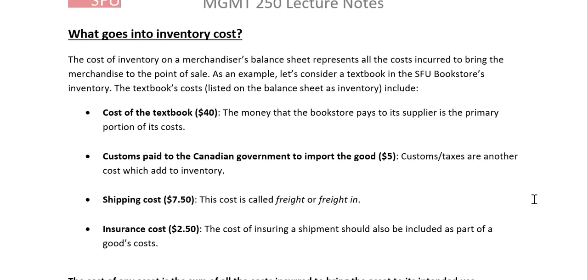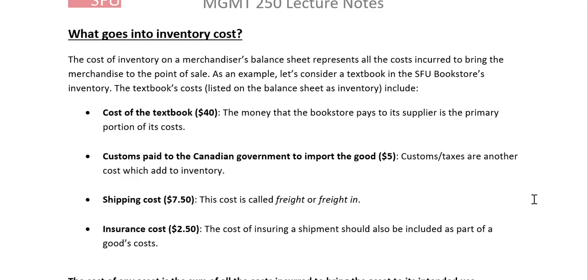So as promised, we will be looking at what goes into inventory cost and specifically these books, which the bookstore is selling. The cost of inventory on a merchandiser's balance sheet represents all the costs incurred to bring the merchandise to the point of sale.